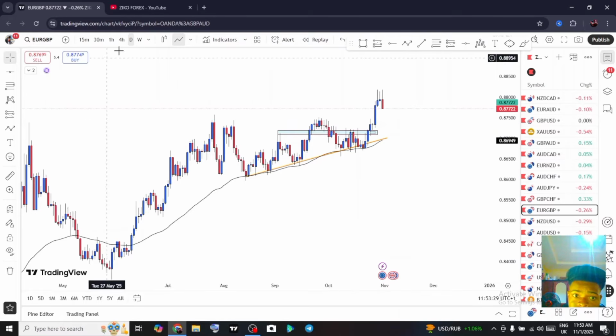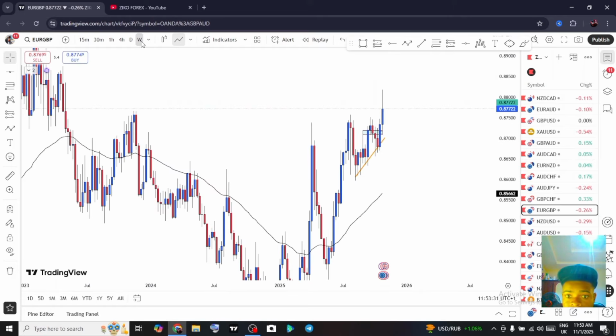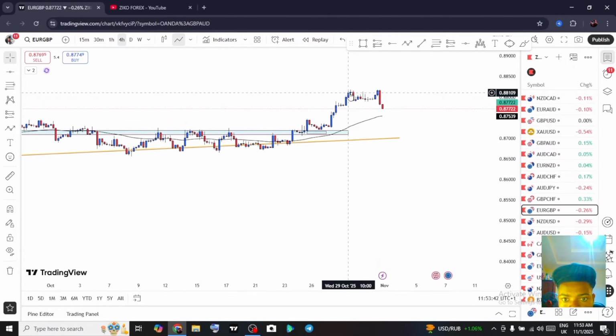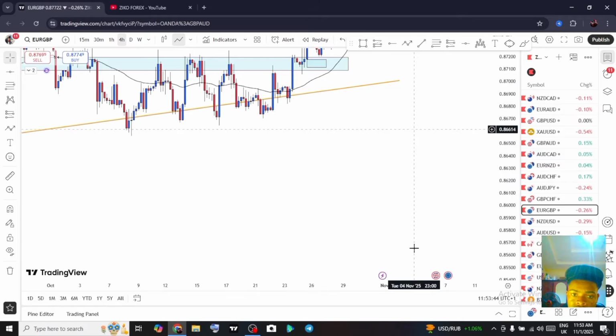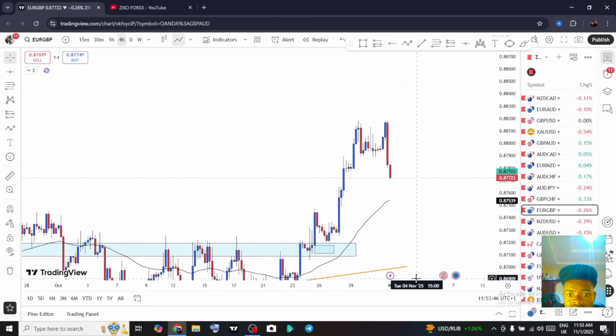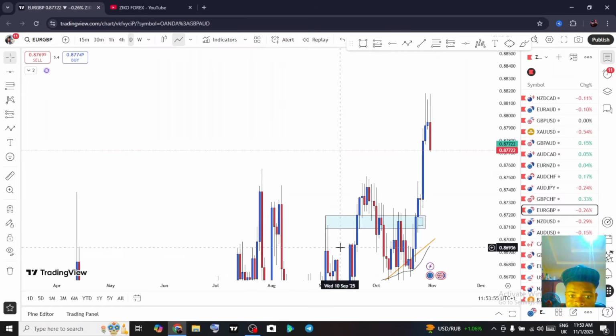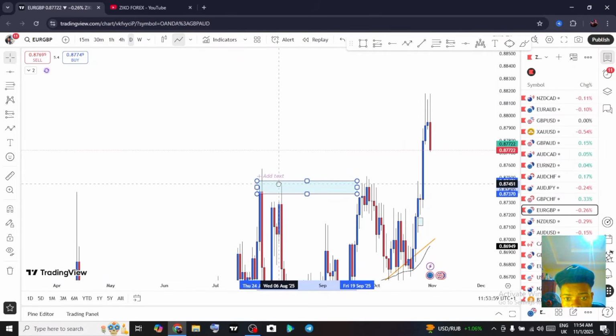Euro GBP, clearly bullish on the daily time frame. Weekly time frame bullish as well. 4-hour time frame, let me come closer. Bearish right now. The 4-hour time frame is currently bearish. Area of interest.